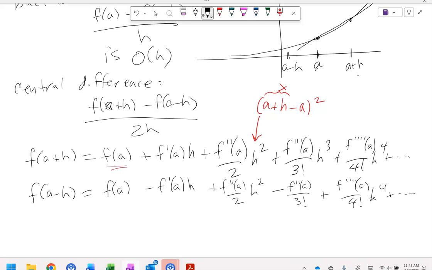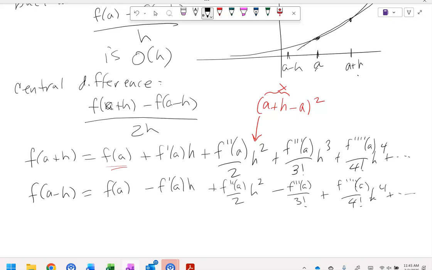I know what answer I want at the end, but if I want an approximation for the first derivative, what do I want to do with those two quantities? Add them together?